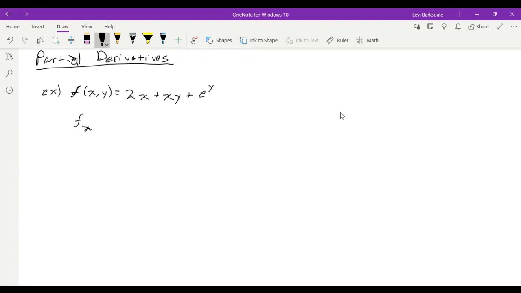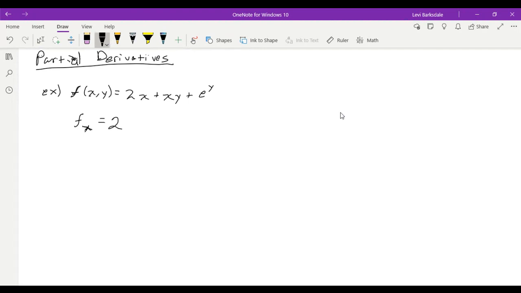This is how we denote that, f with a little x written down into the side. This is known as the partial derivative with respect to x. And all we do is we take the derivative with respect to x and treat all the y's like constants.